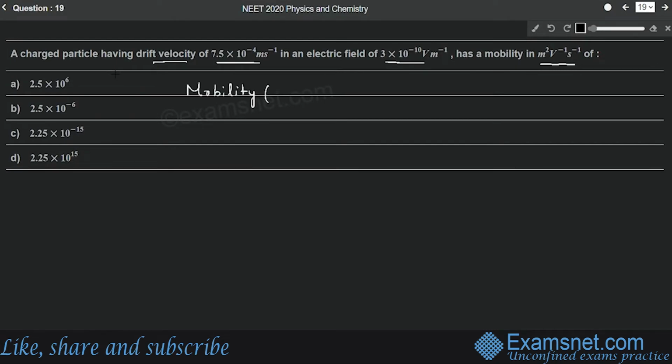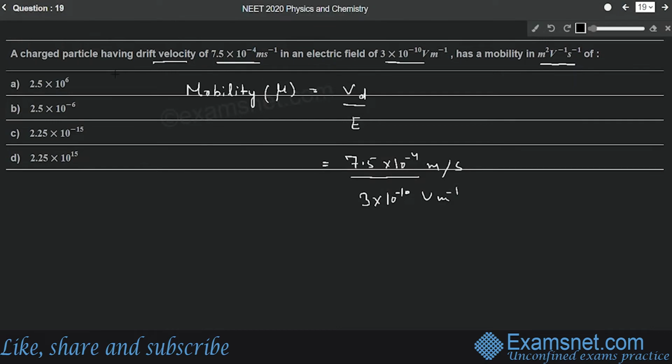Mobility is denoted by mu, and it is equal to the drift velocity per unit electric field. So we can put the values because both drift velocity and electric field are mentioned in the question. Drift velocity is 7.5 × 10^-4 meter per second, and the electric field is 3 × 10^-10 volt per meter.